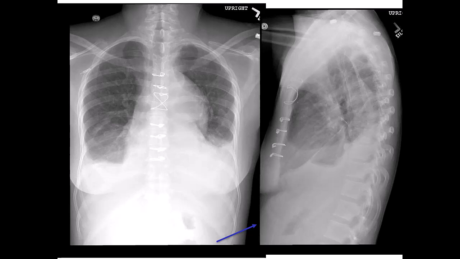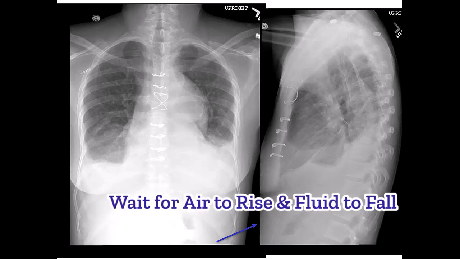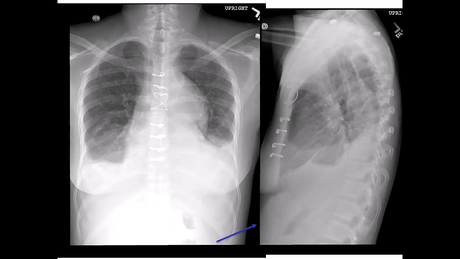When we're looking at air fluid levels, we're looking for the fluid to fall and the air to rise. The patient should not have the images taken immediately, but should be either in an upright or a decubitus position for about 5 to 10 minutes prior to the exposure. This allows the fluids to fall and settle and the air to rise.